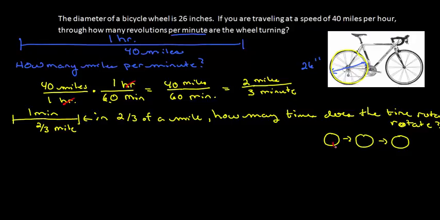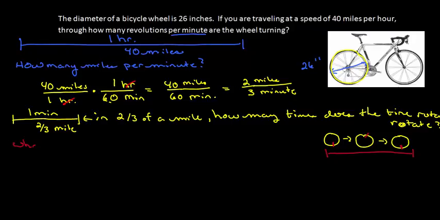The tire starts here, it rotates around, and then it ends up back down here. So how far does the bike travel when the tire rotates once? Well, to figure that out, all we're asking for is the circumference of the tire.